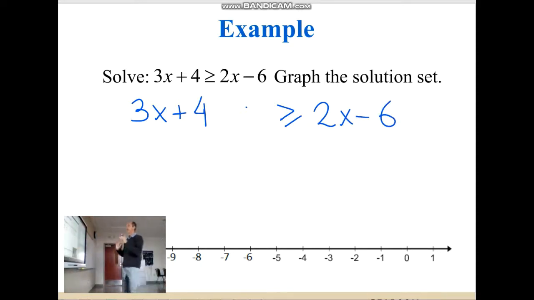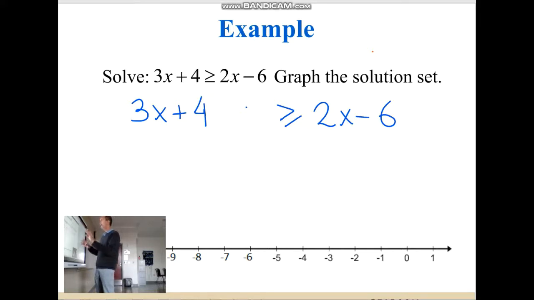We can apply the addition property to solve this. Remember, when we're working with the addition property of equality, the objective is to keep only variables on one side and only numbers on the other side.